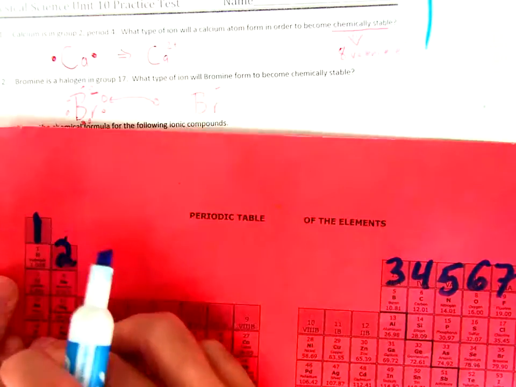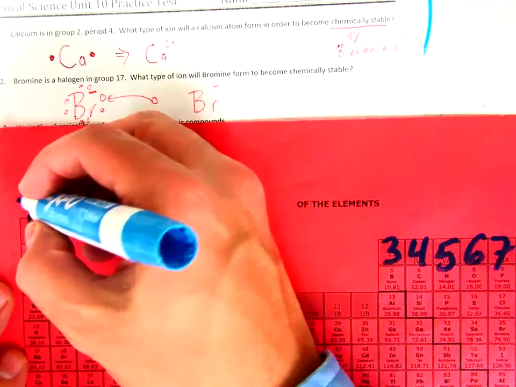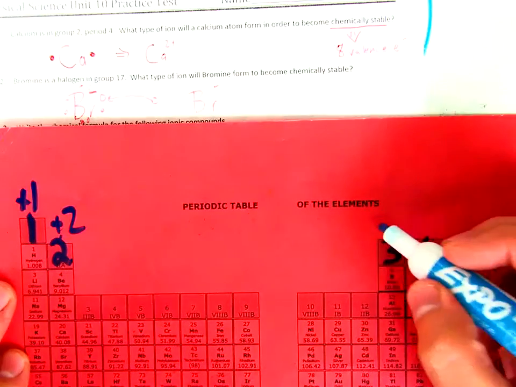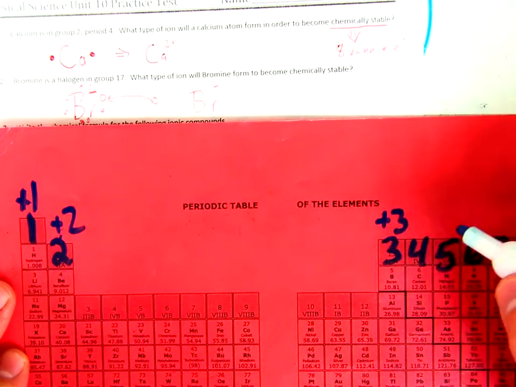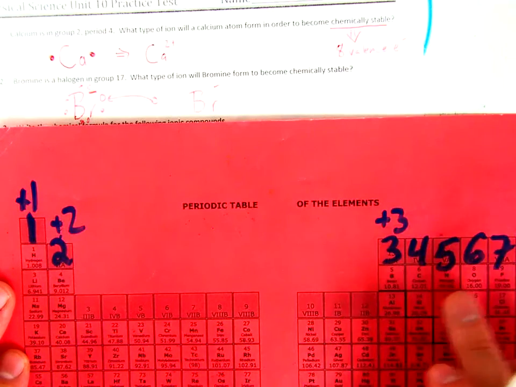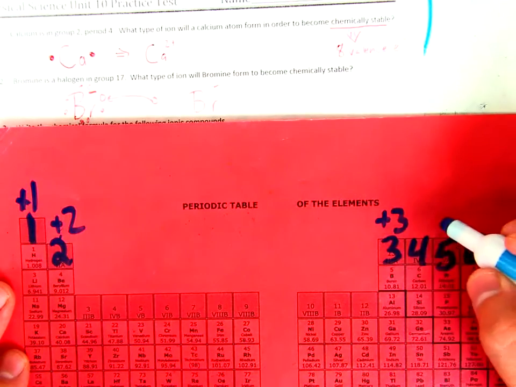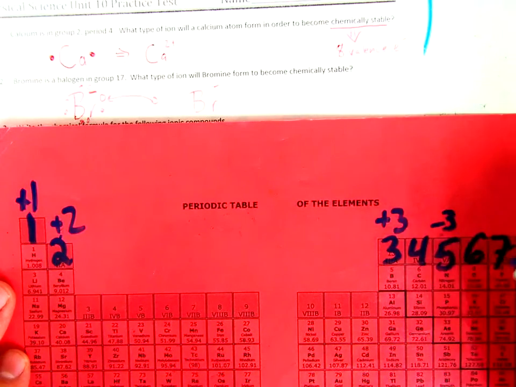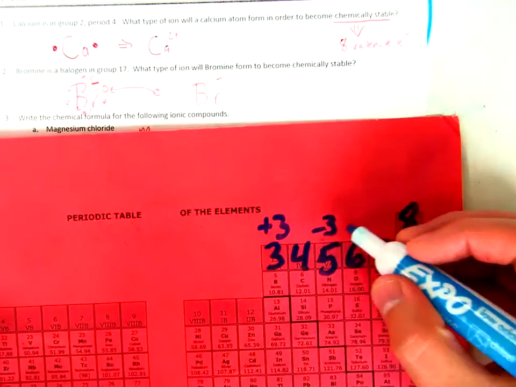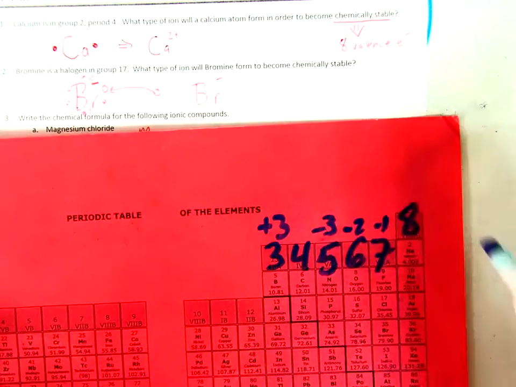So, 1 valence electron, they're going to give it away, it would be a plus 1. 2, they would give those away, it would be plus 2. 3 would be plus 3. After that, 5 wants to get 3 more, so it's going to get 3, so it's going to be negative 3. 2, negative 2, and negative 1, right?